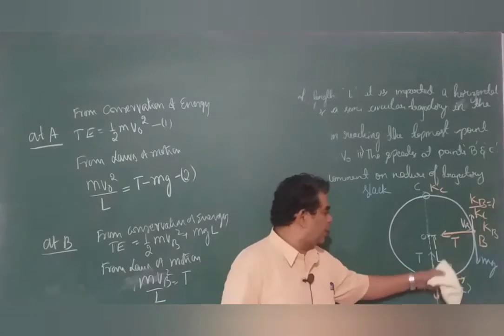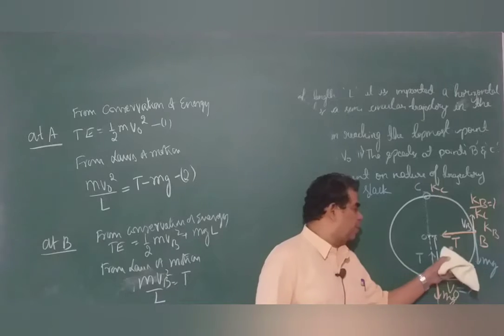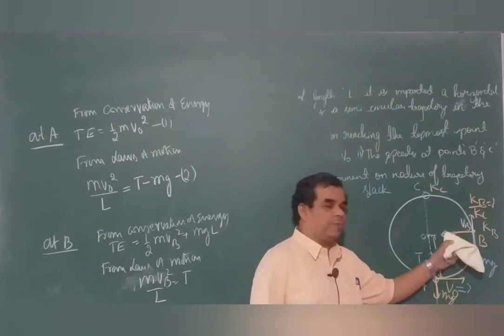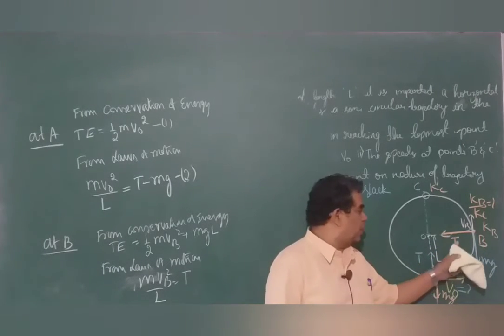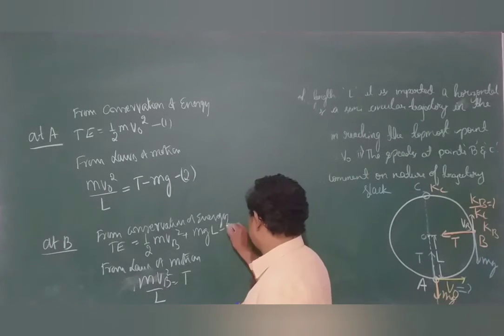Is tension only because mg will not supply anything, because mg is perfectly perpendicular to tension. It has no components on it. Therefore, T only supplies necessary centripetal force. This we call as equation 3 and this one 4.